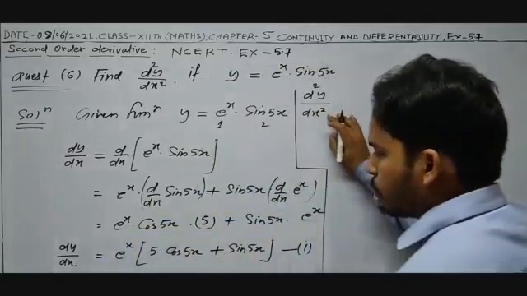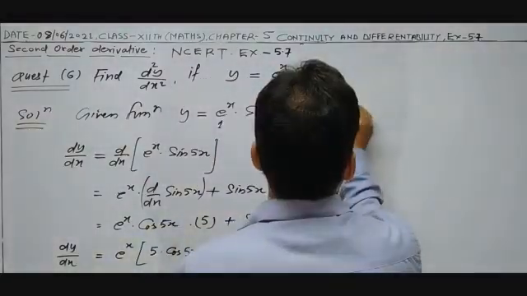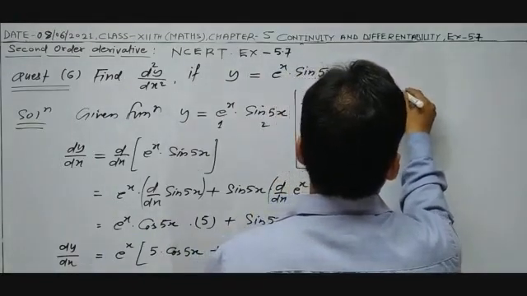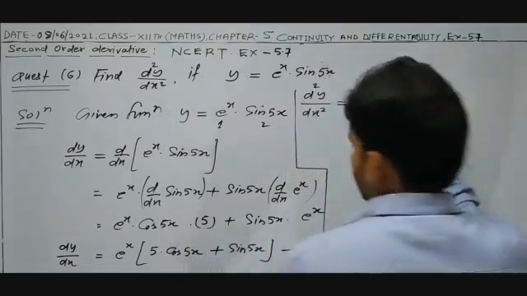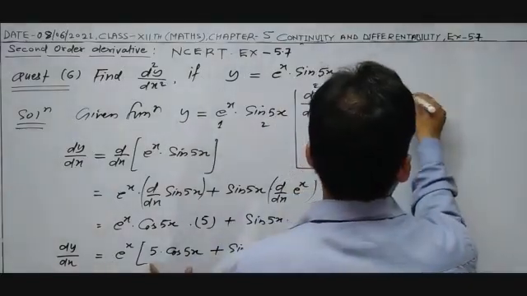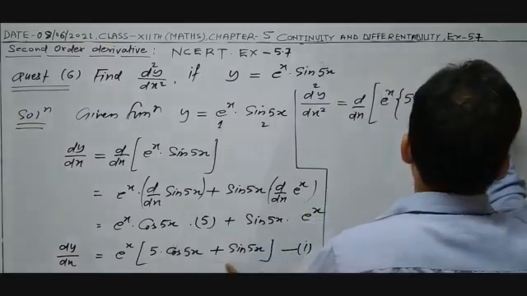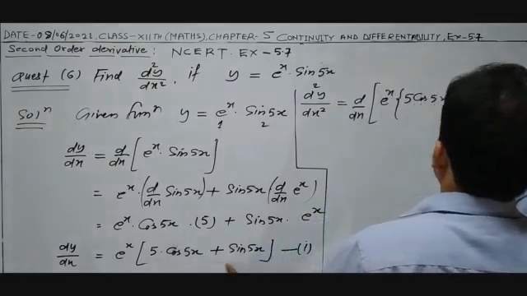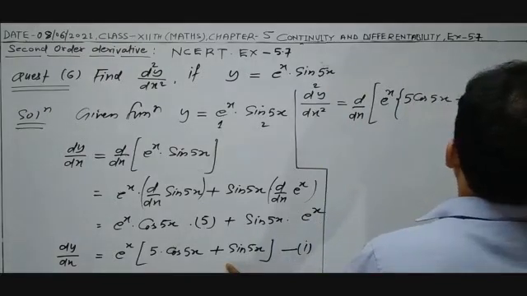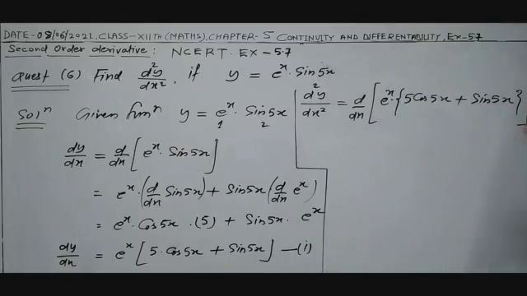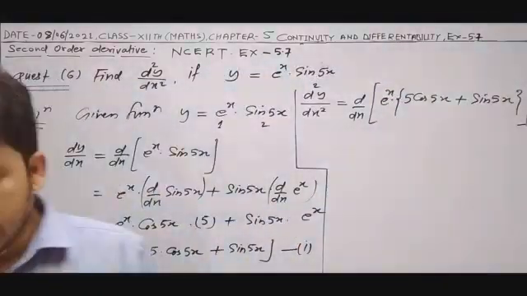So d2y by dx2 can be written as d by dx of e to the power x into 5 cos of 5x plus sine 5x. You will again differentiate using the product rule. So what will be the result?